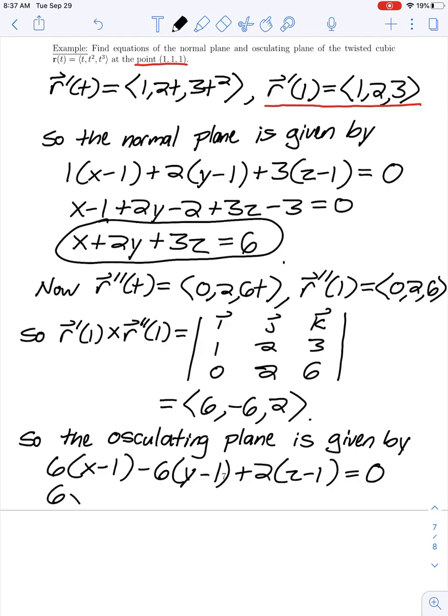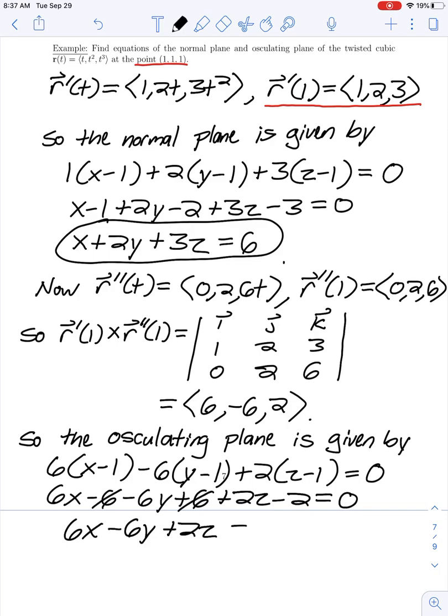So simplifying a little, we have 6x minus 6 minus 6y plus 6 plus 2z minus 2 is 0. So we're left with 6x minus 6y plus 2z is equal to 2. Or dividing both sides of this equation through by 2, we have 3x minus 3y plus z is equal to 1.